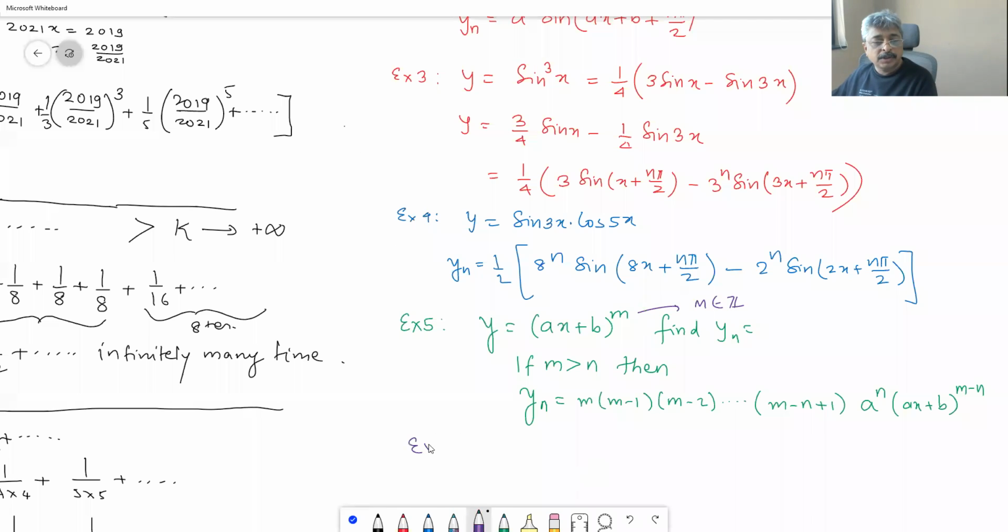Example 6. y is equal to 1 upon ax plus b. Find yn.